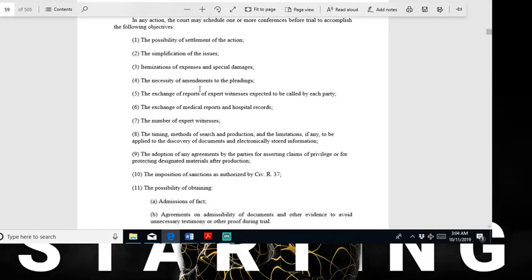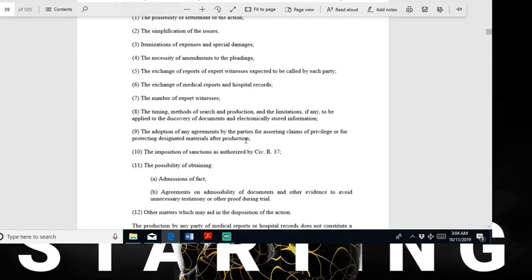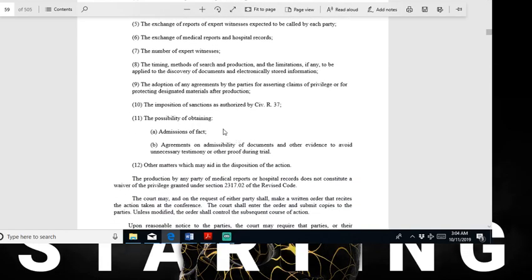Look at all these issues. I'm not going to go through all of them, but there's one that I really want y'all to look at, and this is admission of facts.